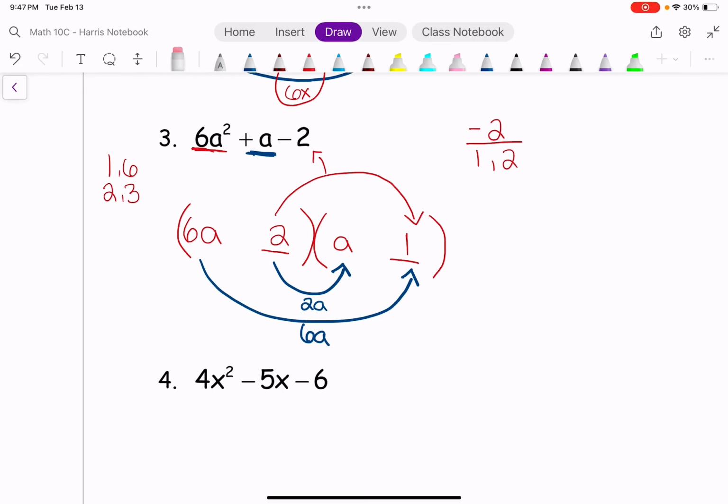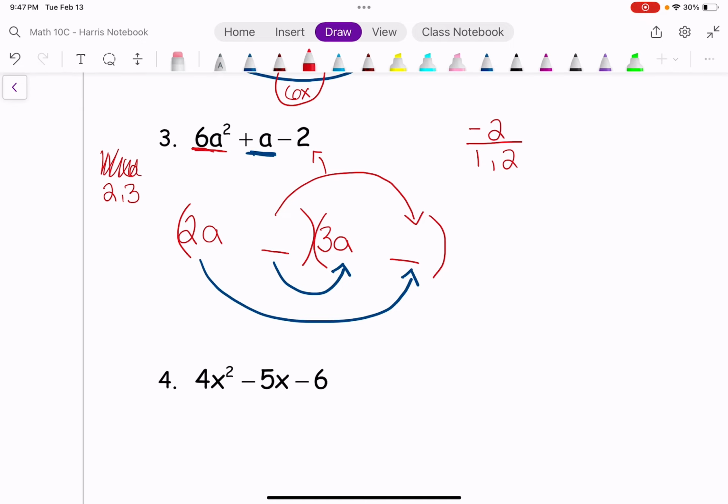So I'm going to erase these ones. My 2 and 1 can't go there, and my 6 and my 1 isn't going to work either. So I'm going to erase 1 and 6, and I'm going to try 2 and 3. Again, I know it has to be 1 and 2. It just depends on which place it's going to go.